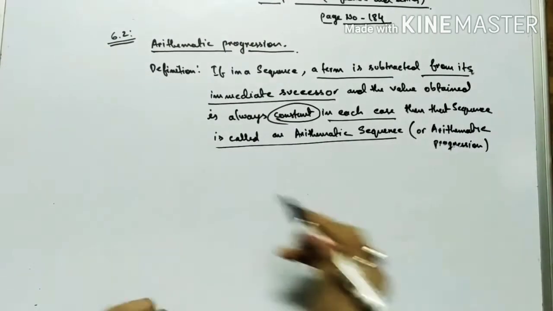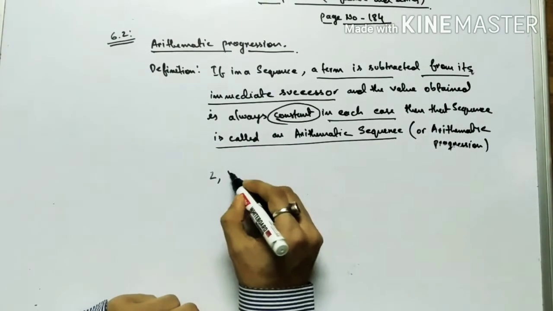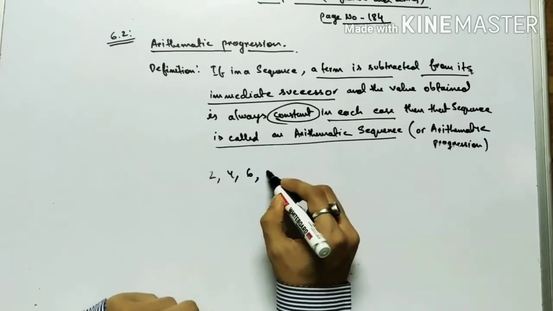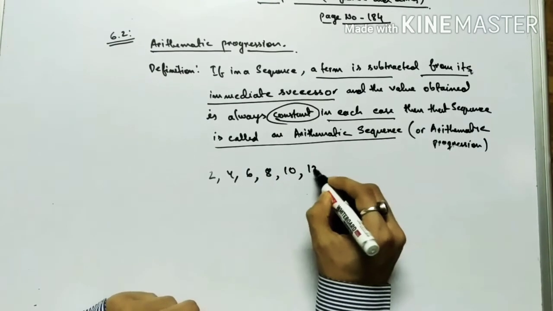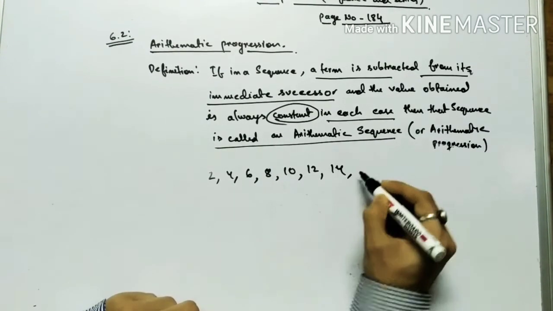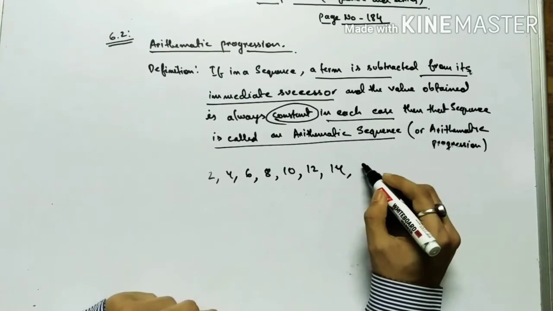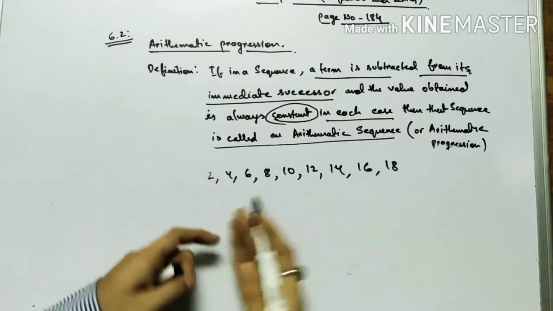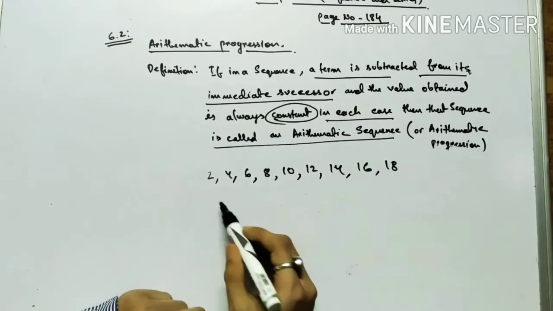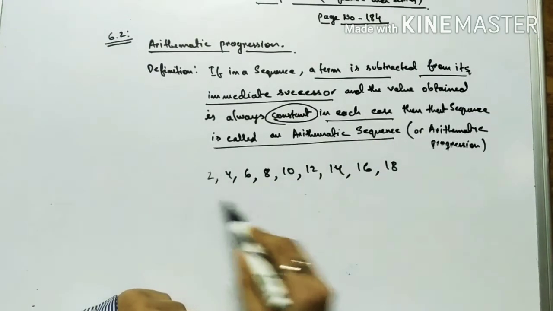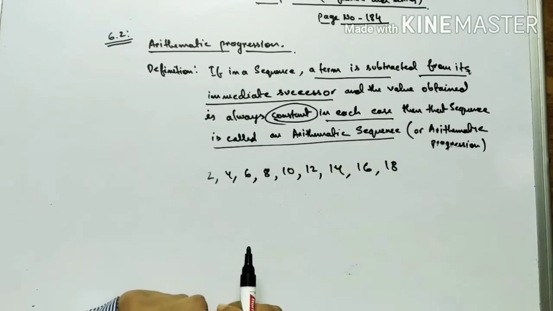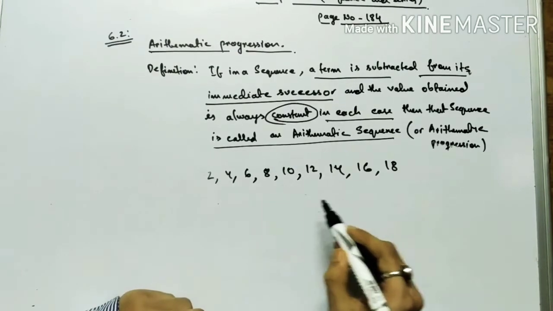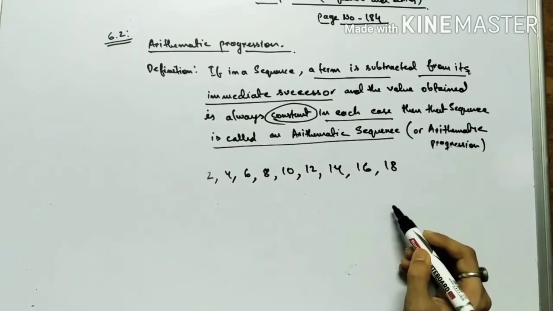Take another sequence, for example 2, 4, 6, 8, 10, 12, 14, 16, 18. Let's say this is a finite sequence, and I will say that it is in arithmetic progression. Why?